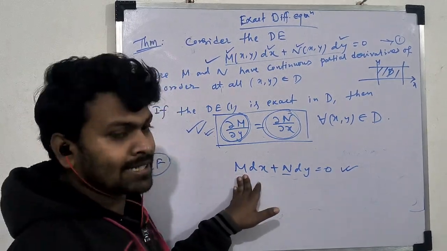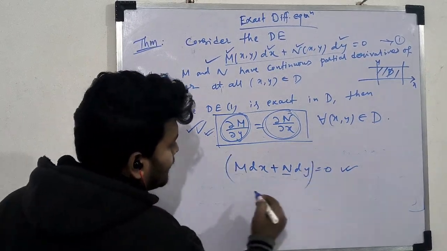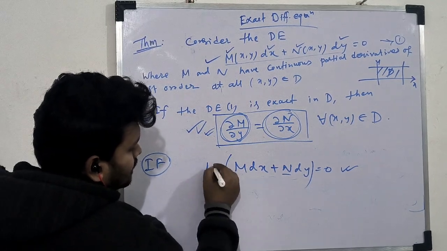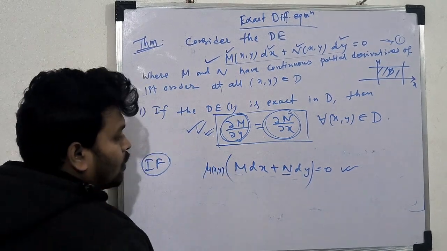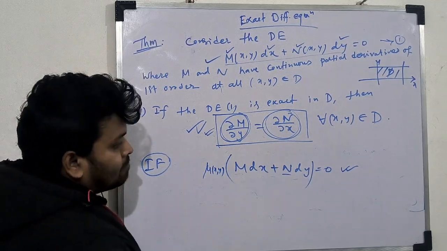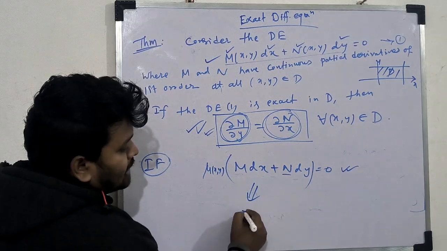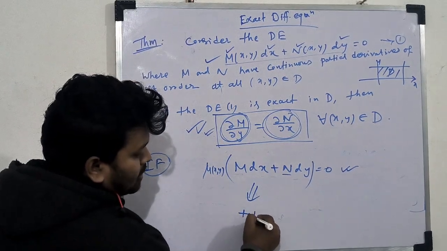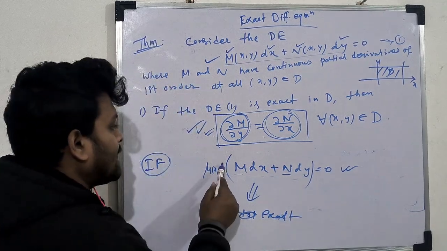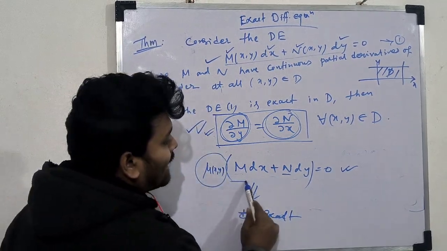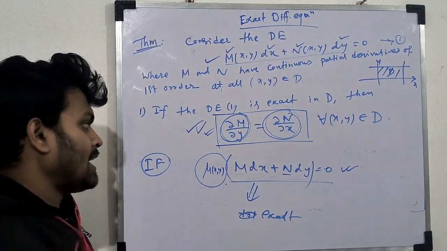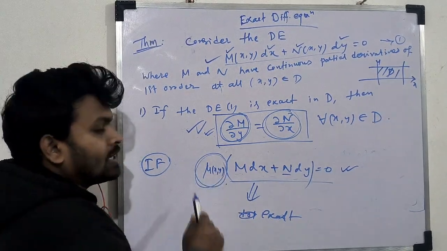If it is not exact, then you have to multiply by a function. Let mu be a function of x and y. You multiply it, and then it becomes an exact differential equation. If you multiply a non-exact differential equation by a function and it becomes exact, then this function mu is called the integrating factor.